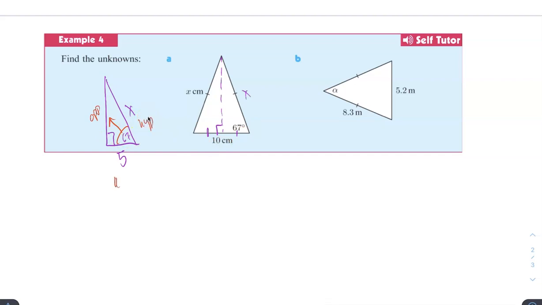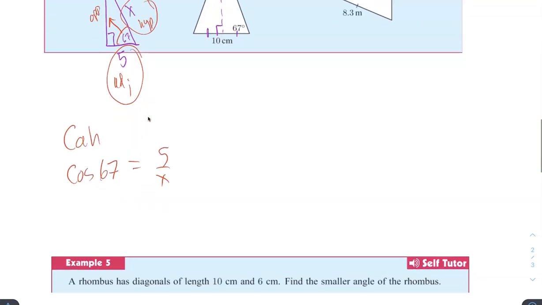And this is adjacent. We have hypotenuse and adjacent, which is CAH. So cosine of 67 equals 5 over x. And then we just solve it. So multiply both sides by x and divide by cosine of 67.